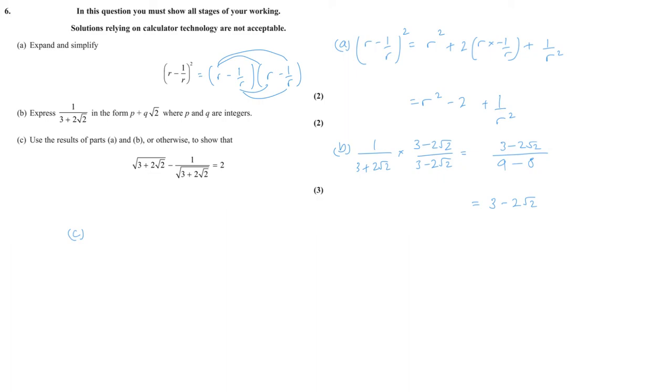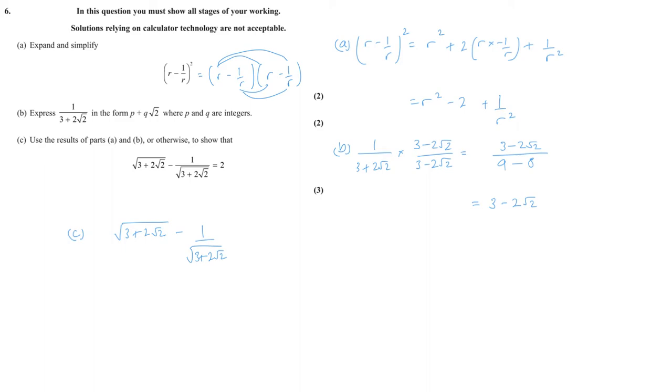So what we want is to go with 3 plus 2 root 2 minus 1 over 3 plus 2 root 2. And this is similar to what we've got up here. So if r is this, then minus 1 over r is minus 1 over this.